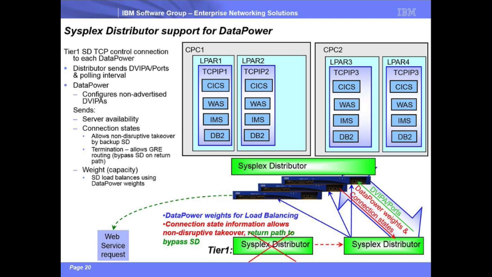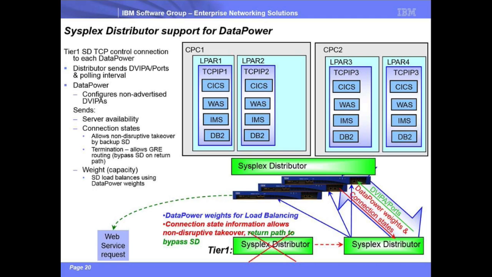And then the DataPower appliance sends weights to the distributor, and this allows the distributor to load balance appropriately between the DataPower appliances based on available capacity. Connection states are also sent by the DataPower appliance to the distributor. And so because the connection states are sent, this allows failover.